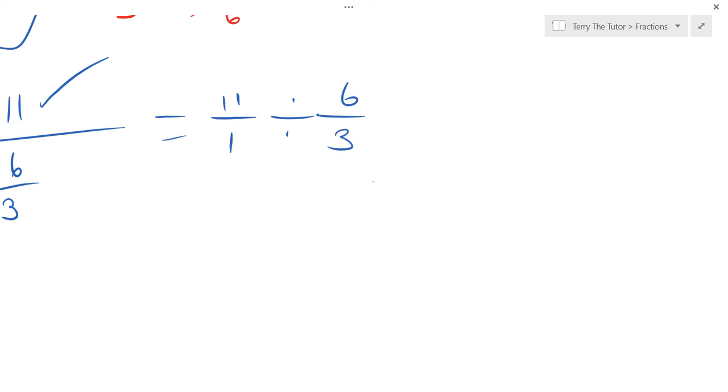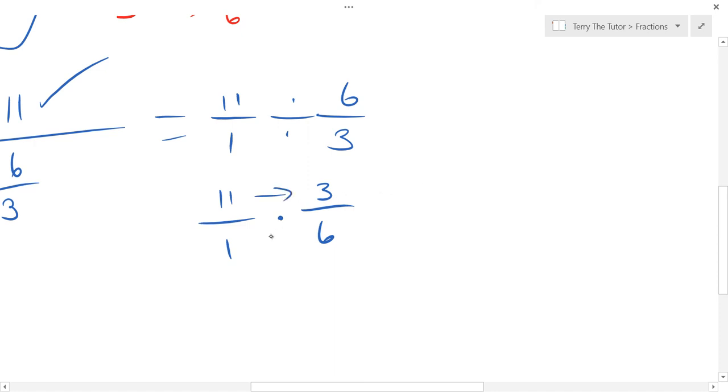Let's use our KFC skills. We're going to say times. I'm going to flip this fraction into 3 over 6. And we wind up with 11 times 3 is 33, over 6.